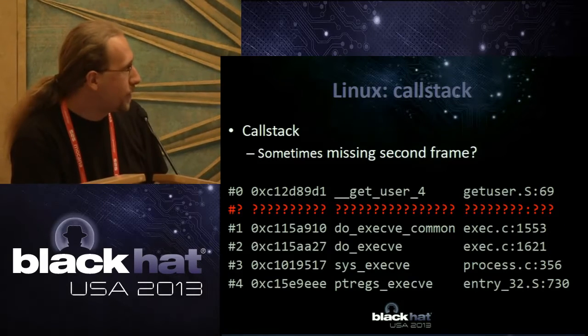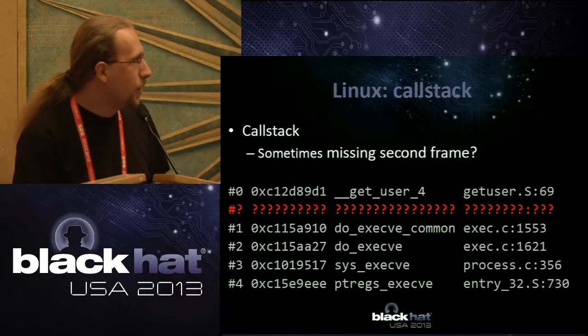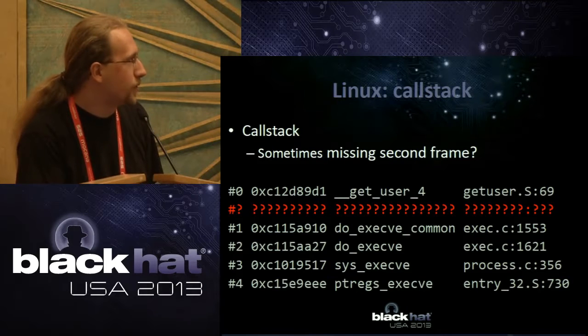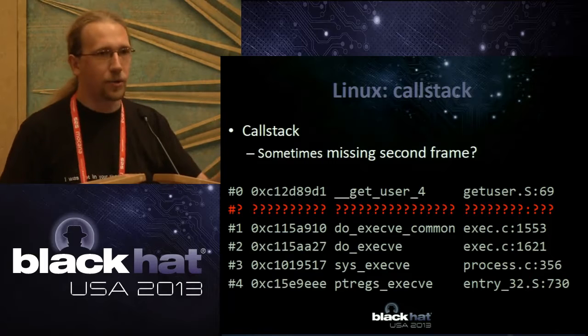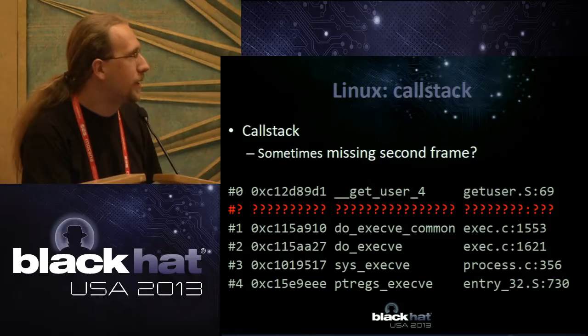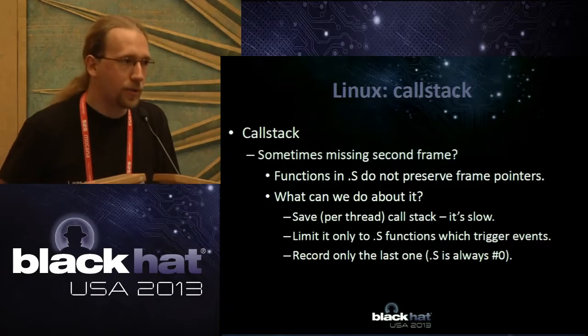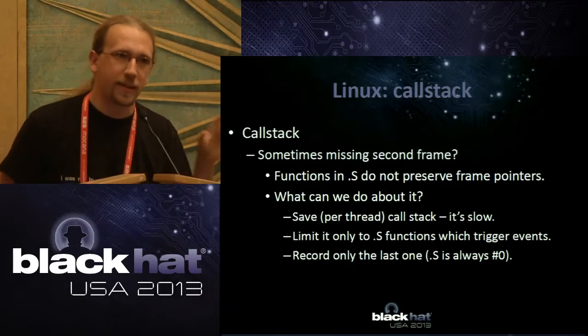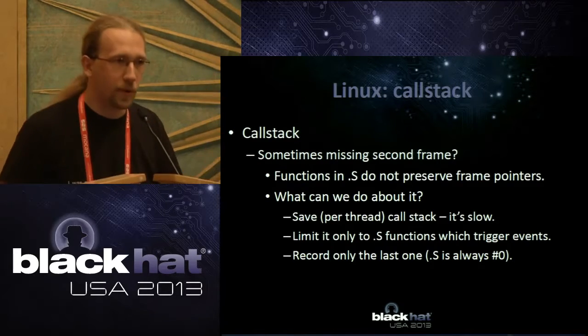However, we noticed that sometimes there was an entry missing. If you go to the do exec common function, you couldn't find a call to get user. There was one more function actually called, and that one more nested function had the call finally to get user. And what happened? Well, the functions that are implemented on Linux in assembly don't preserve the frame pointer on the stack.